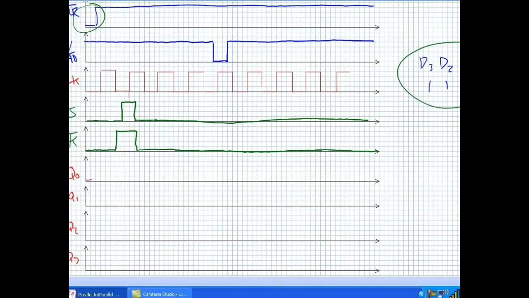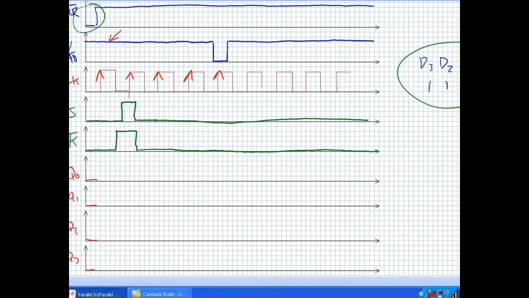It is clear because it's been cleared. Okay, notice what's going on here. Shift load is high all the time. So all it's going to do when it's high is basically shift the data. Okay, so next clock pulse, and it's positive edge triggered.